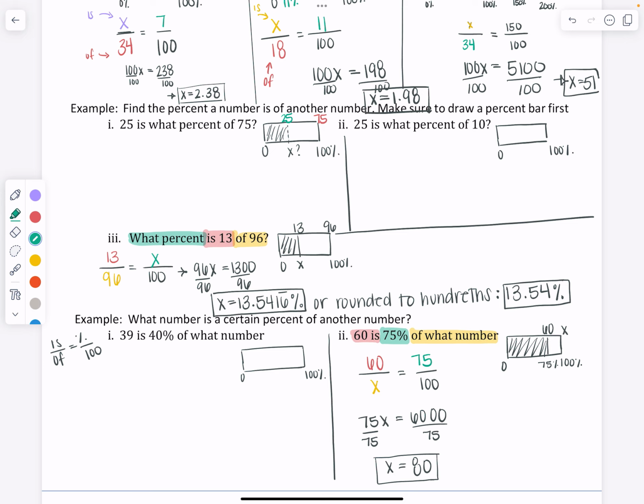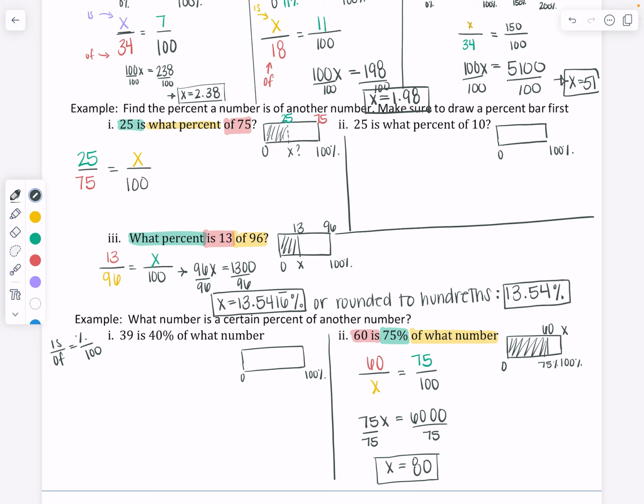So now I need to set up my proportion. "Is" over "of" equals percent over 100. Well, it says 25 is, so that's going to be the "is" part. "Is" over "of", 75, equals what percent? We can call that X because I don't know it, over 100.